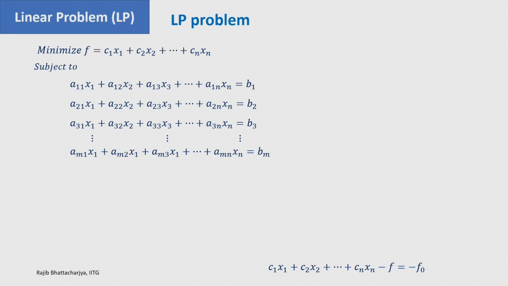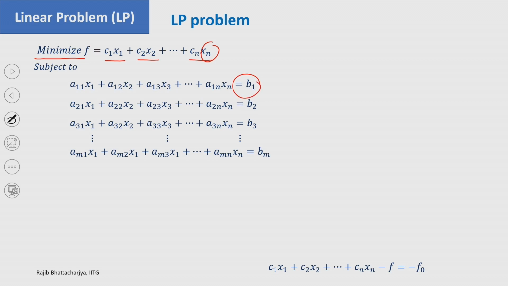It is a general form of a linear problem. Here the objective function is a minimization type, that is C1 x1 plus C2 x2 up to Cn xn. So, we have a total of n variables up to xn. Then we have the constraints with an equality sign.